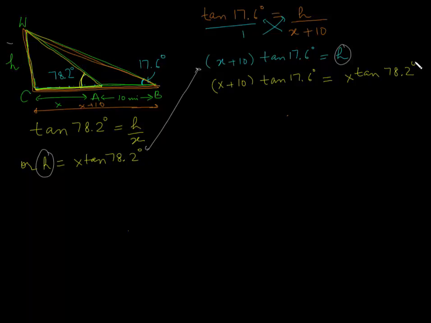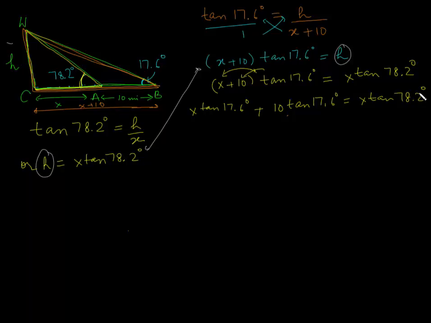Okay, so now let's use the distributive law to distribute tan 17.6 in the brackets. So we get X tan 17.6 plus 10 tan 17.6 equals X tan 78.2 degrees.